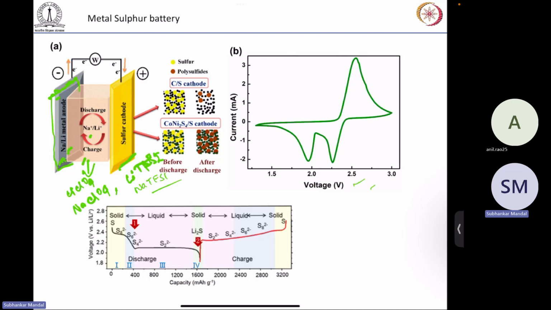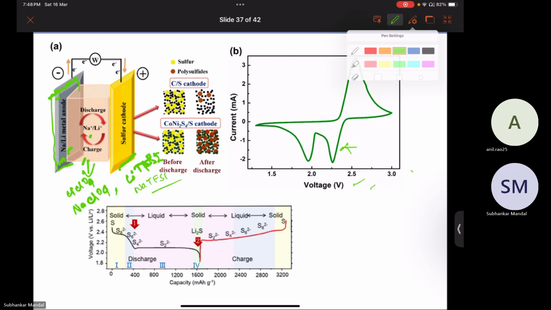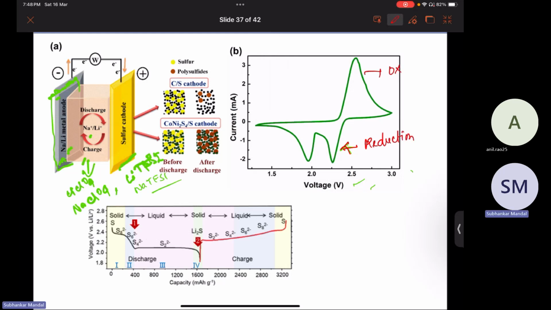So basically, what will happen? This is the cyclic voltammogram. I have shown it in one class, and I have discussed that this kind of shape happens. So you can see, this is reduction, and this is oxidation.